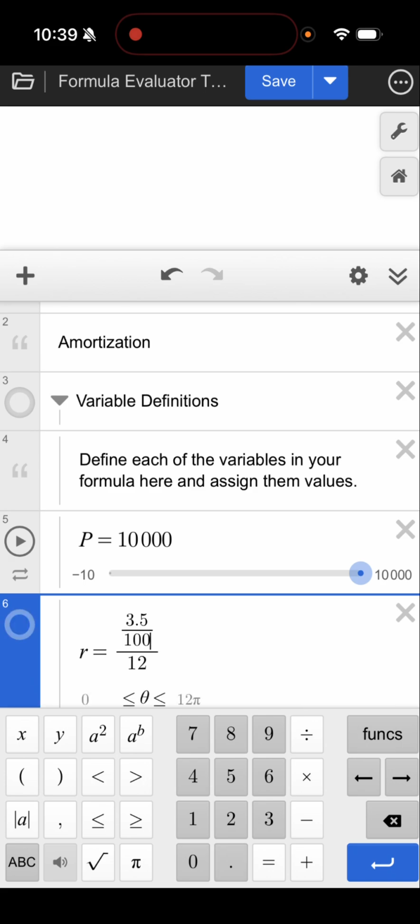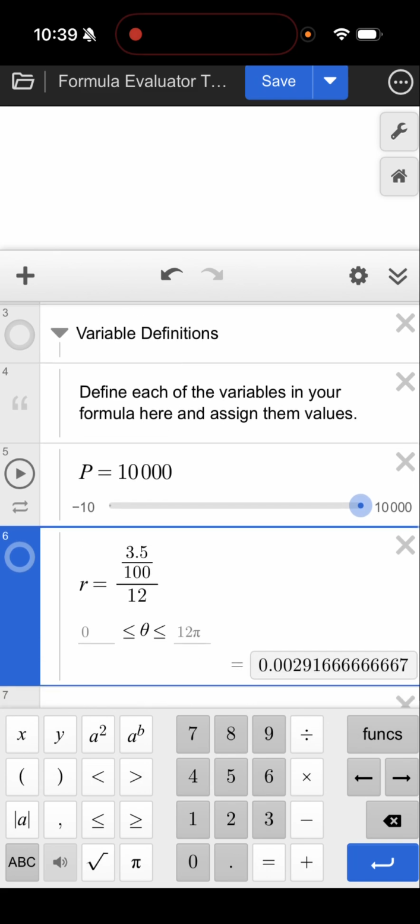So it looks funny here, but the reason that we did this is we turn our annual rate into a decimal, 3.5 divided by 100, and then we divide by 12 to turn it into a monthly rate. So if you have to change the rate, you just change the 3.5 and it'll do the rest.